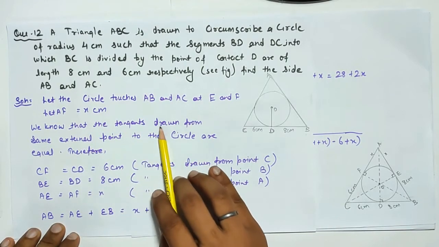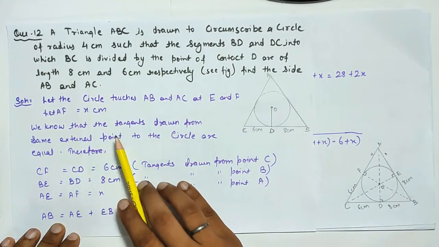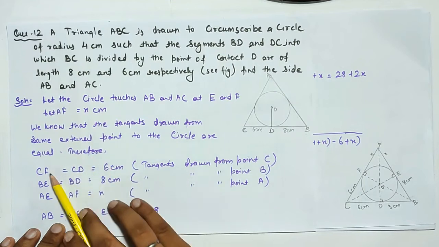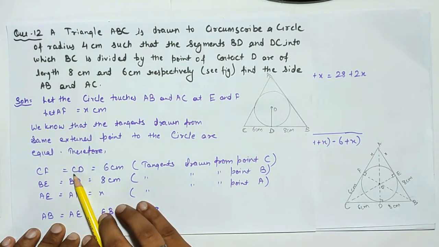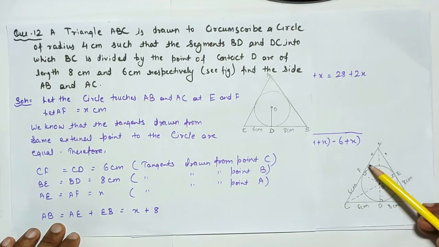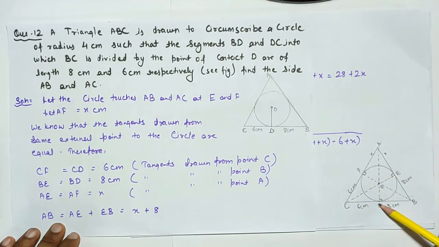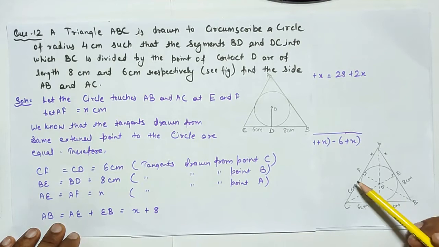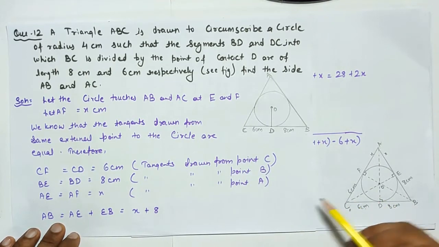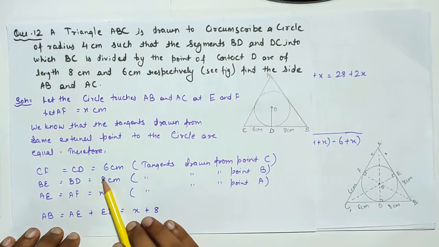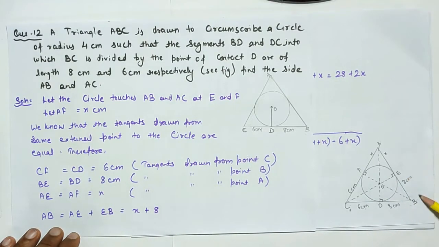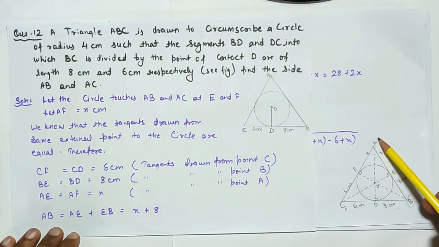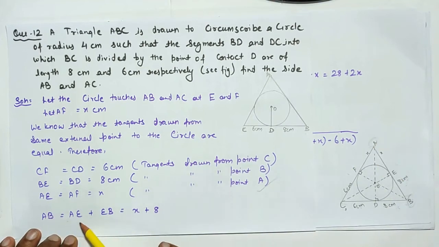We know that the tangents drawn from the same external point of a circle are equal. Therefore CF and CD are equal to 6 centimeter because they are tangents drawn from the point C. BE and BD are equal to 8 centimeter because they are drawn from point B. AE and AF are drawn from point A. AB is AE plus EB, which is x plus 8.